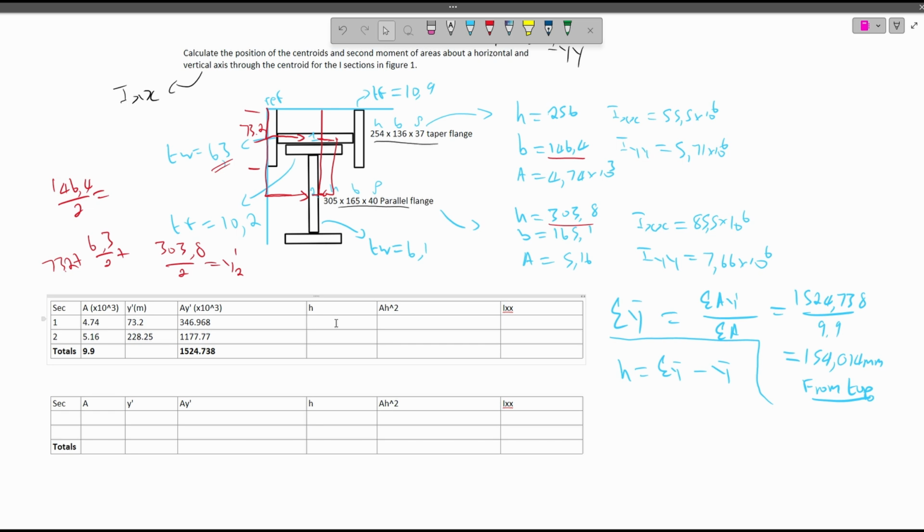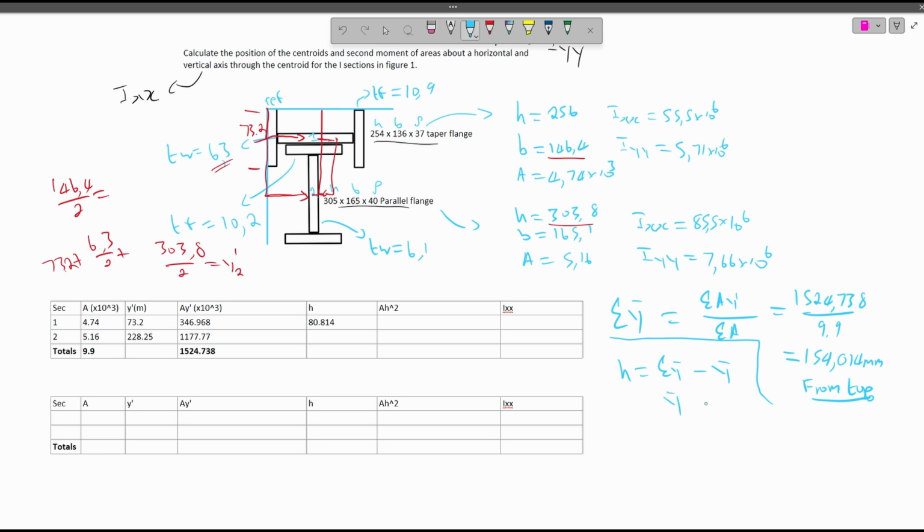For this one, we have 154.014 minus 73.2, which is 80.814. For section 2, if your sum of wiper is less than your wiper, you start with this one, with the wiper, and then minus sum of wiper.